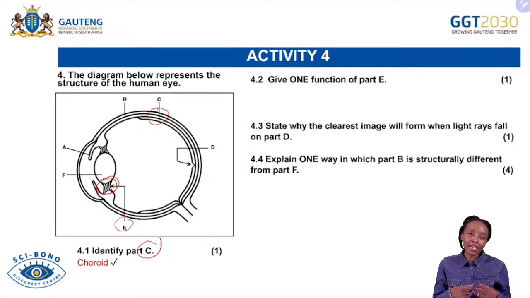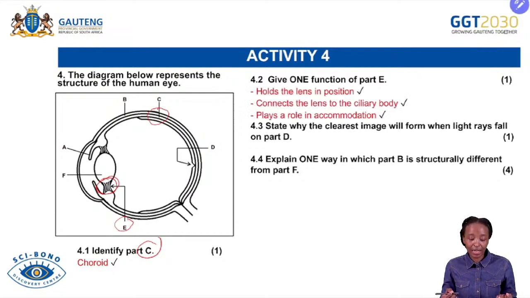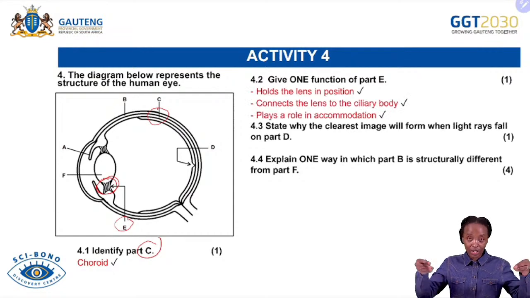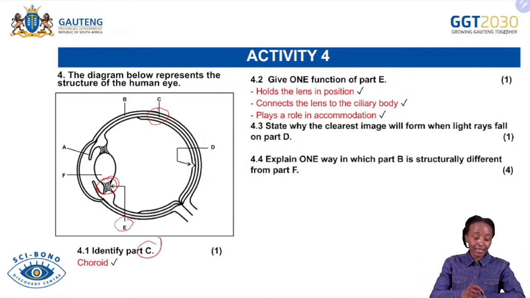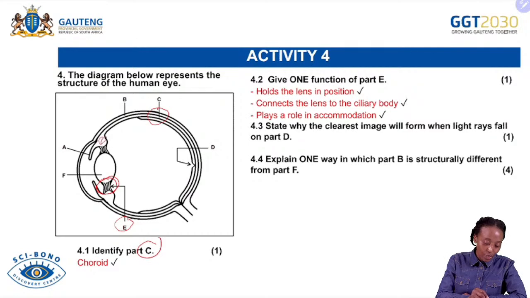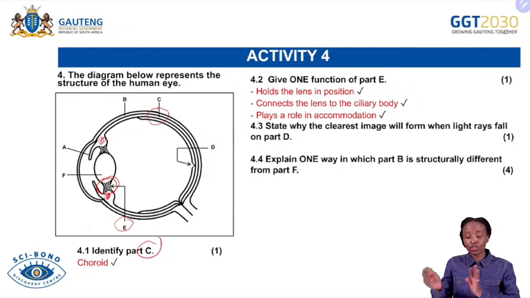It can slack, it can be taut, and when it does that, it controls the shape of the lens. So let's see: it holds the lens in position, number one. It connects the lens to the ciliary body, and then it plays a role in accommodation, which is when the lens changes its shape for clear vision.